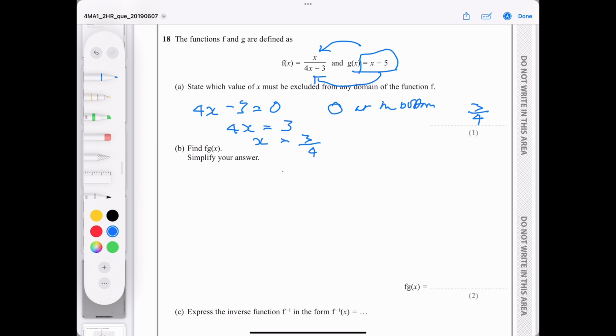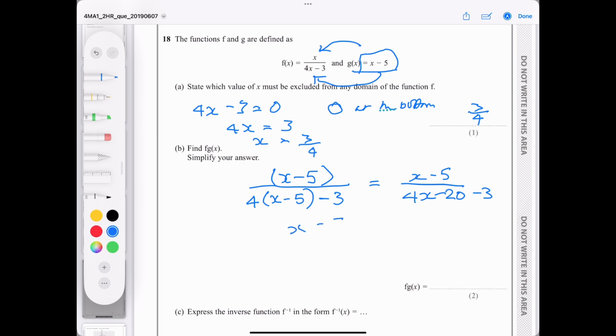So on top we've got x minus 5, and on the bottom 4 times (x minus 5), which is 4x minus 20, and then minus 3.